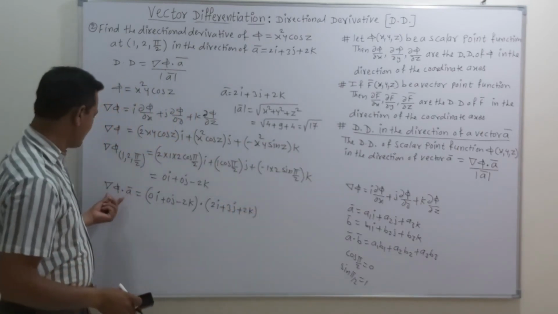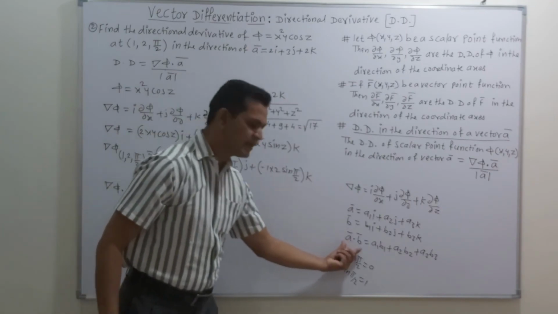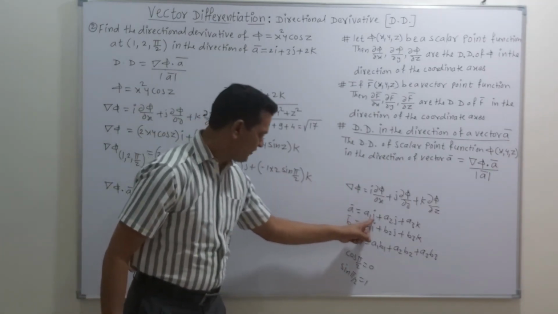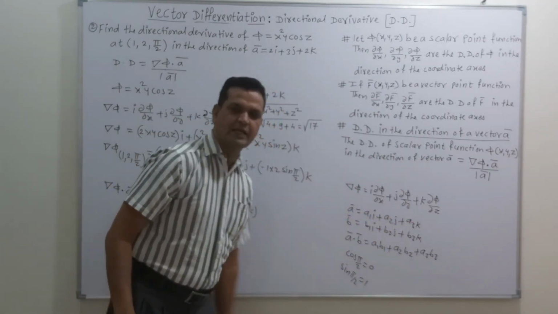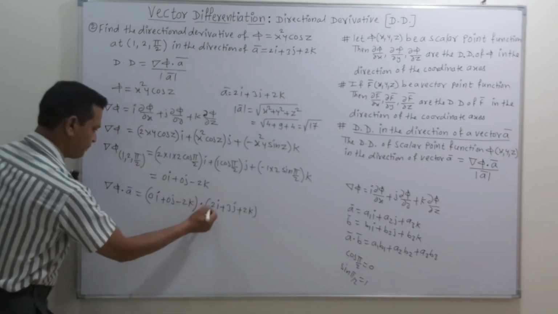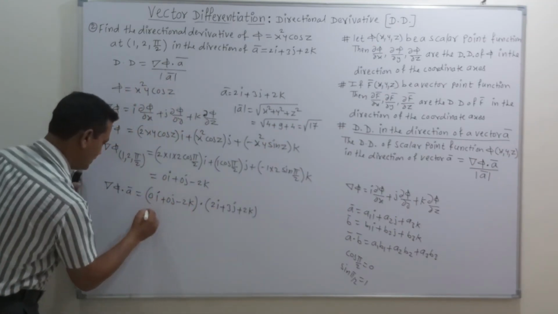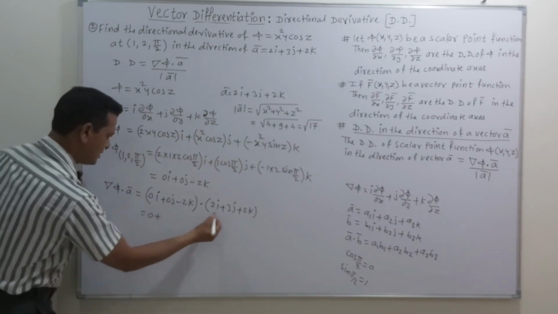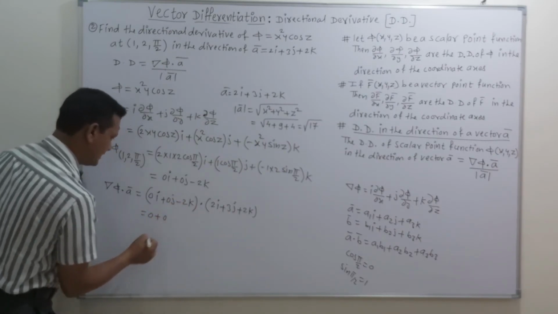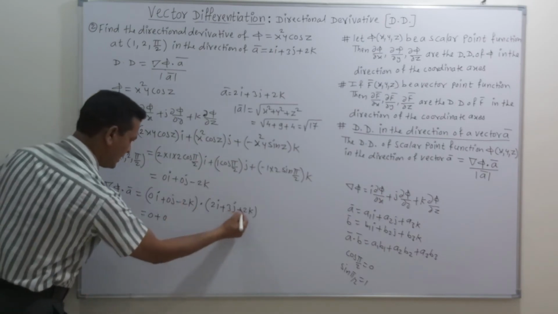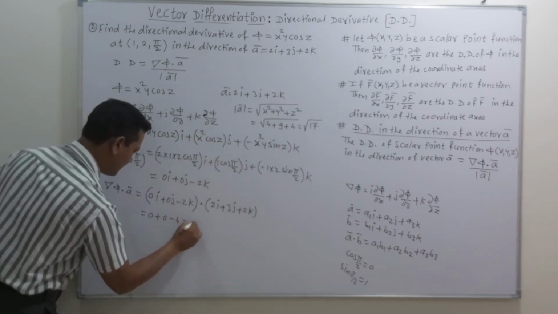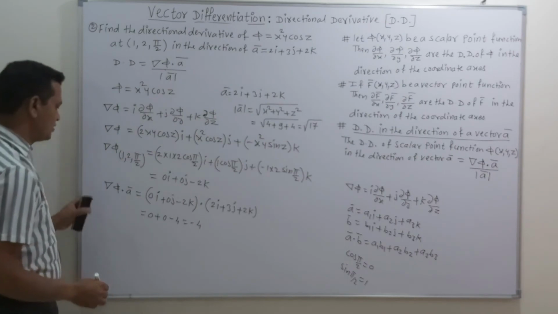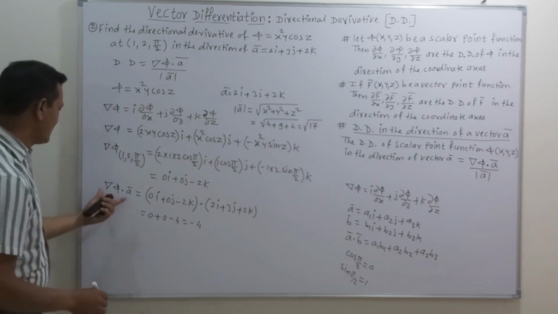We take the product of the i coefficients, j coefficients, and k coefficients. So 2 into 0 is 0, plus 3 into 0 is 0, then minus 2 into 2 gives minus 4. Finally we reach the answer of minus 4 for the dot product.